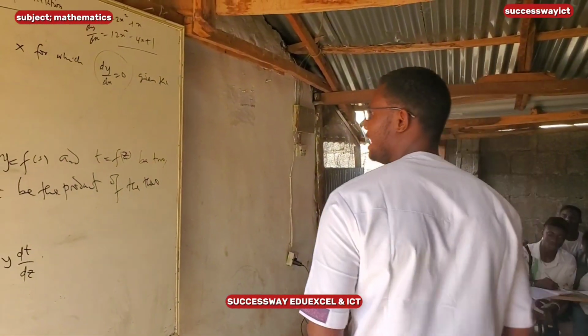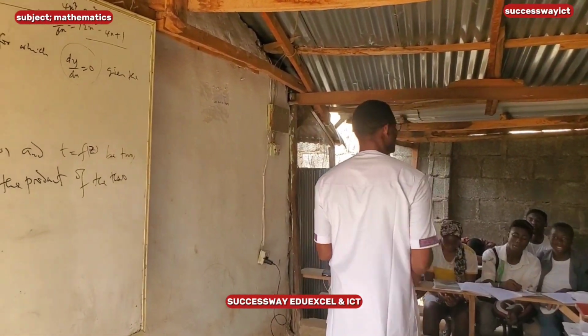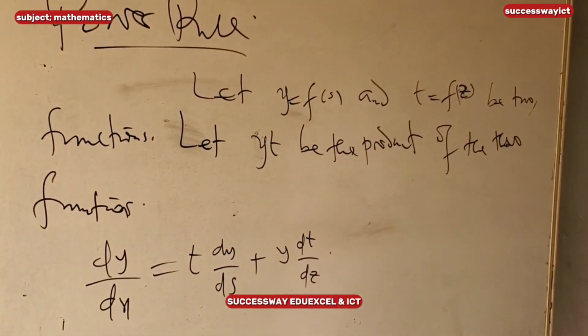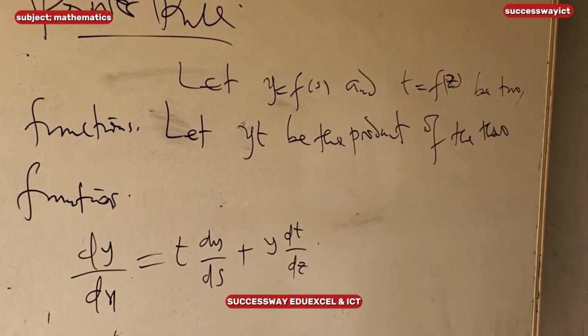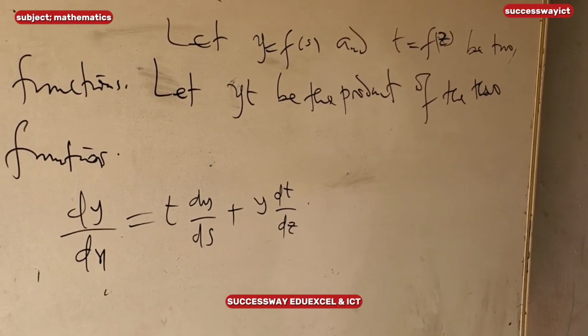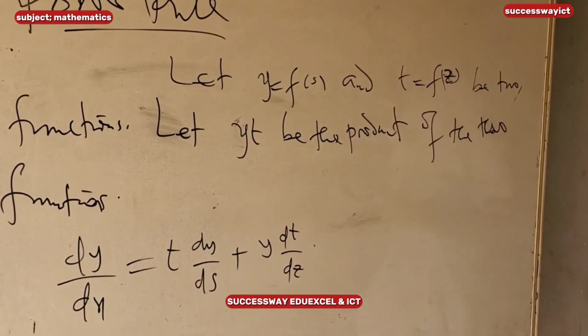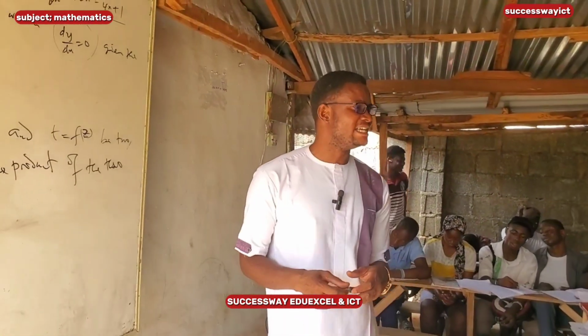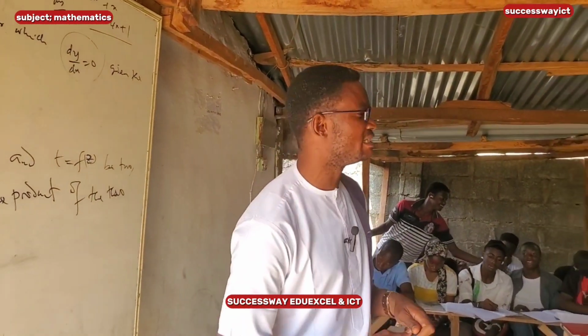So: let y equal to f of s and t equal to f of z be two functions. Let yt be the product of the two functions. Then dy dx is equal to t dy ds plus y dt dz.